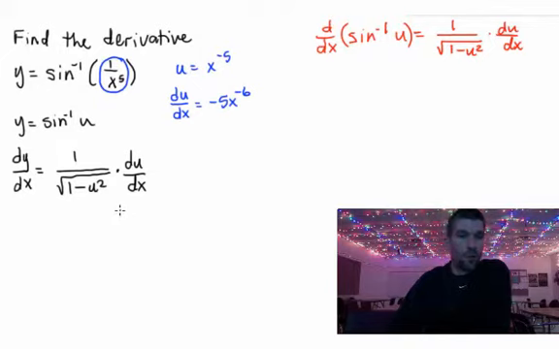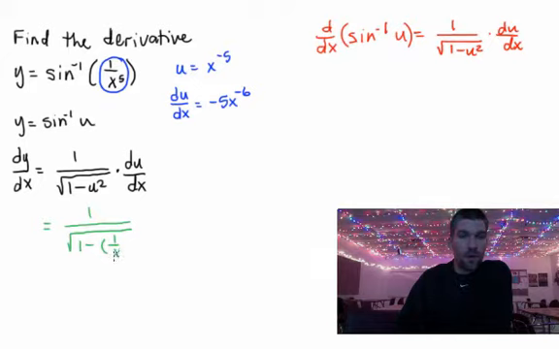With this, I'm just going to substitute in all of my u's. So I end up with 1 over the square root of 1 minus u, 1 over x to the 5th squared, times du dx. So that's times negative 5x to the negative 6th over 1.